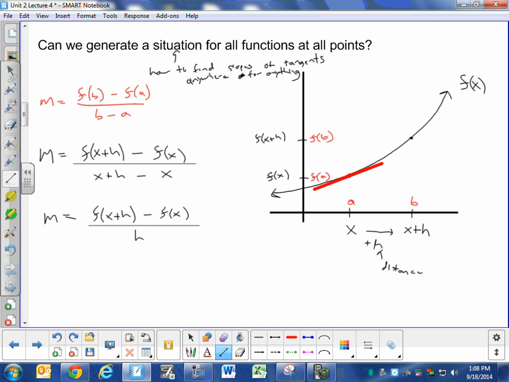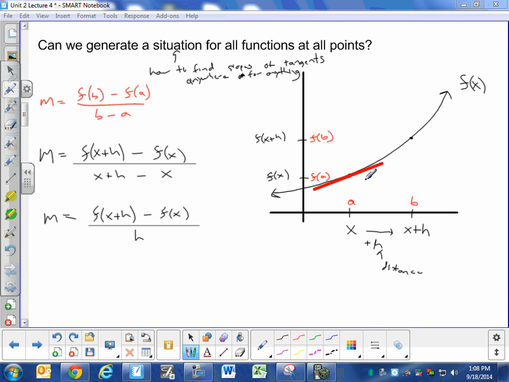What do I need to do with that h? Make it small. How small? Really, really small. So small that it's approaching what value? 0.